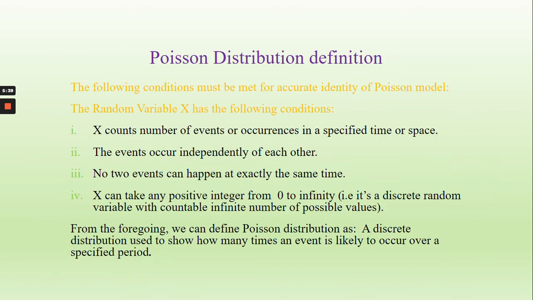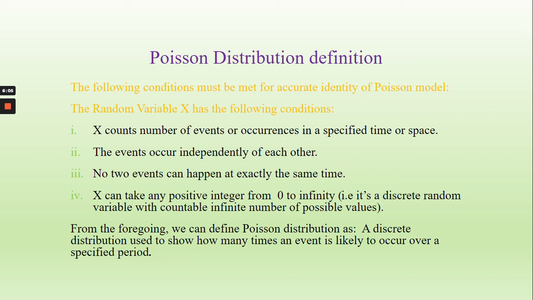Next, we are going to deduce the Poisson distribution. In order to deduce the definition, there are conditions that must be met so that you can accurately identify that in this problem, in this scenario, it is appropriate to use the Poisson model.